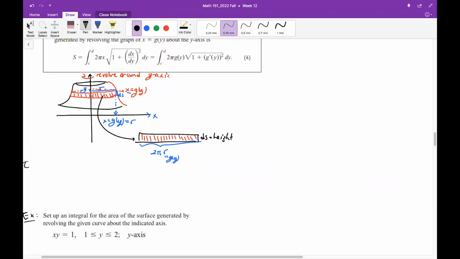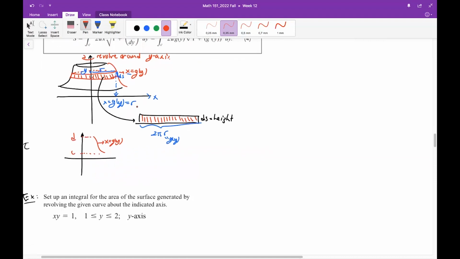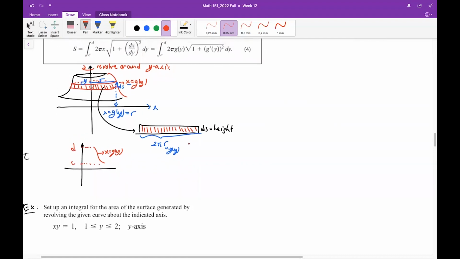So what we are doing here is, we take this curve, which was given by x equals g of y. This was the curve. And on the y-axis, it has some boundaries like c and d. Now I will try to write the area of this strip.